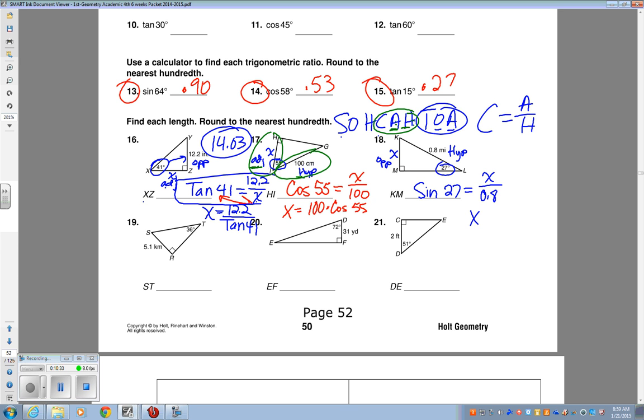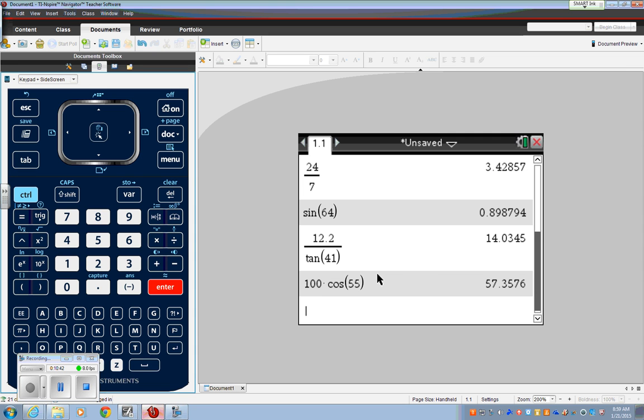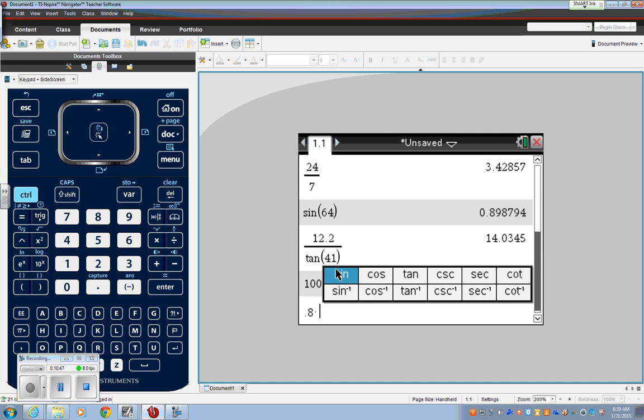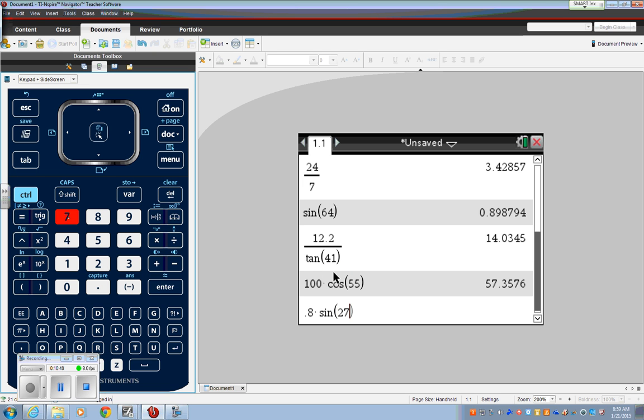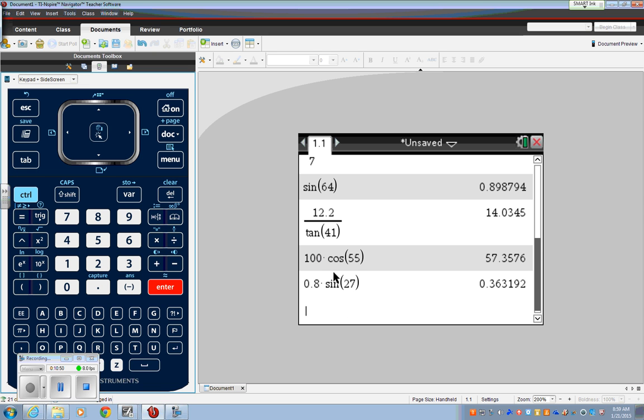So x would be 0.8 times the sine of 27. 0.36.